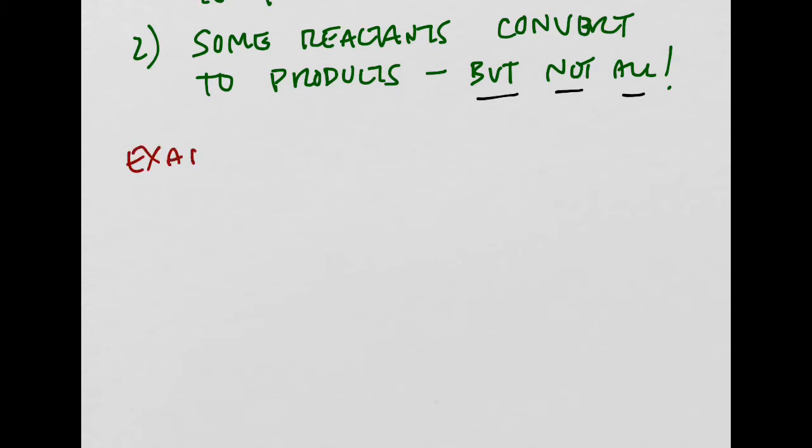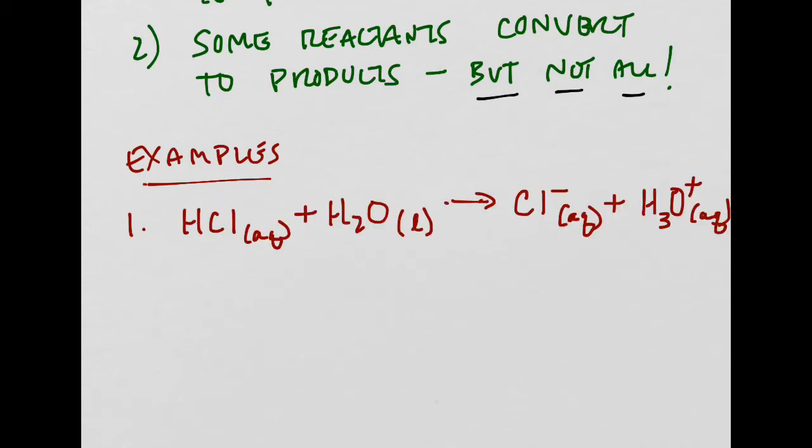And I'm going to show these examples in class probably tomorrow. The first one is an example of the number 1 type of reaction, where everything that is a reactant gets converted into a product. So here, when you combine HCl with water, you produce a whole bunch of chloride ions and hydronium ions. Now, the hydronium ion isn't something that you've seen.